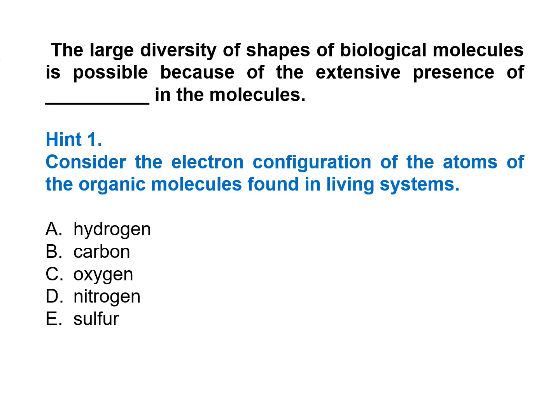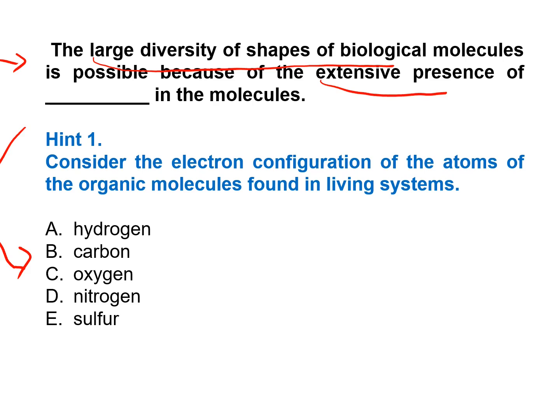Now, you can read this question and try to answer it. Here they're talking about the large diversity of biological shapes, and it's based on the extensive presence of one atom. And this is really easy. I repeated it so many times that I was annoying in the lecture.